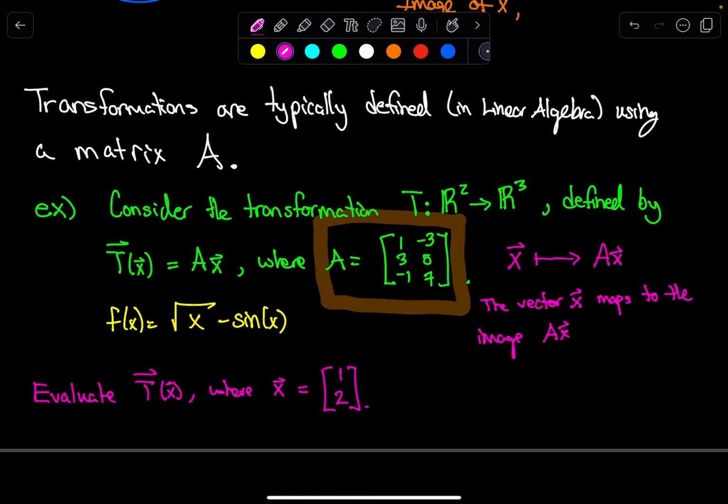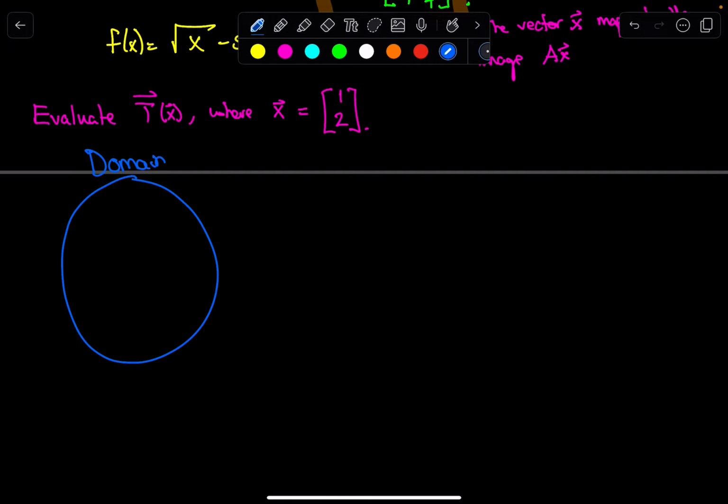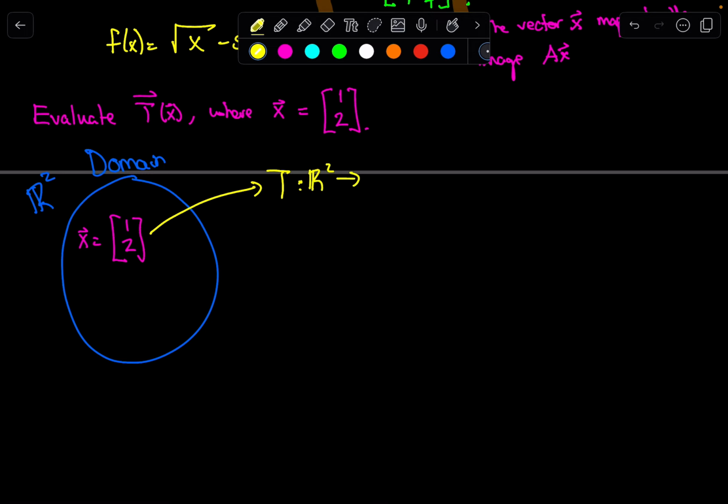So, picture time, theory. According to this transformation, our domain is R2, and we are picking the vector 1, 2. X is equal to 1, 2. We have a transformation T that is mapping it from R2 to R3.